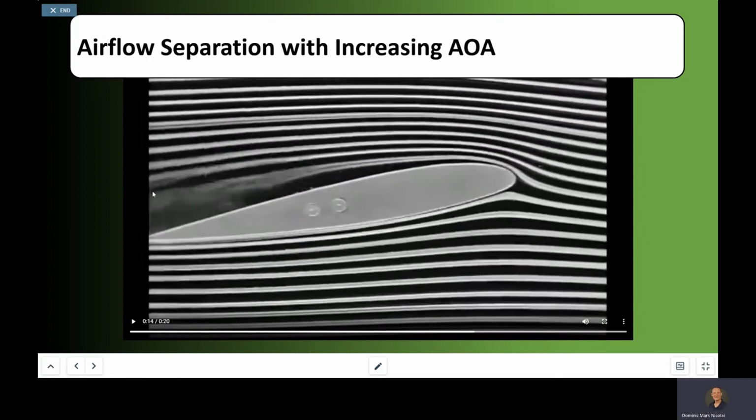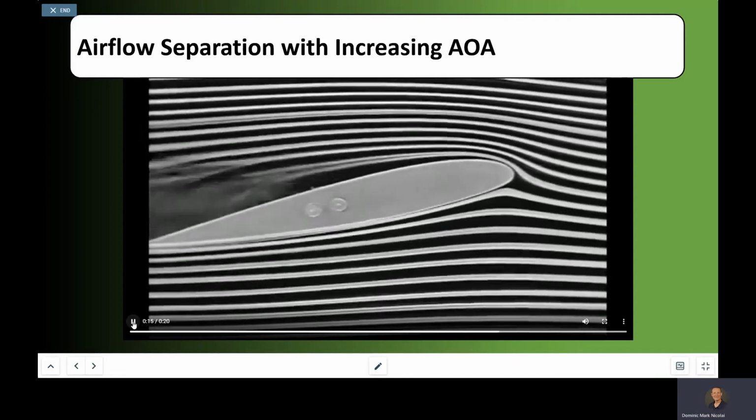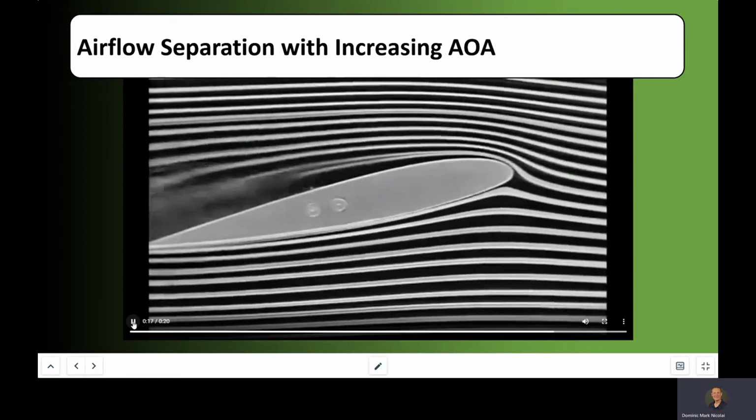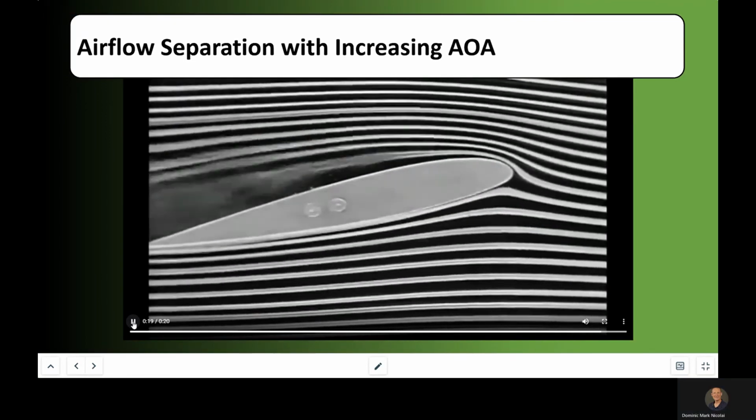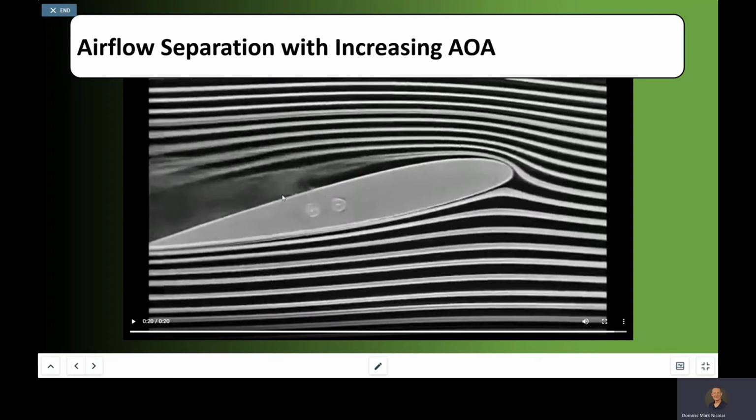And we can see the turbulent flow of air from the trailing edge working its way towards the leading edge. That turbulent airflow is separation. So we have a boundary layer separation occurring, and we have the reduction of lift here, but we also have the production of more drag.